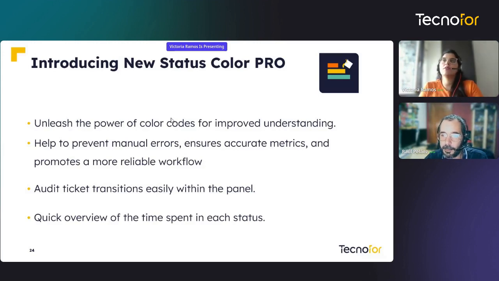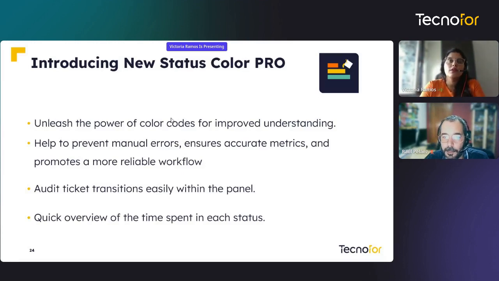It will help us avoid the manual errors that people on the team make when dragging and dropping a card from one column to another. As they don't identify it really fast, they could be sending it to the wrong column, or putting it in a different status that is not the one that corresponds to the urgency of that ticket. So it ensures that our metrics are more accurate and also promotes a reliable workflow.